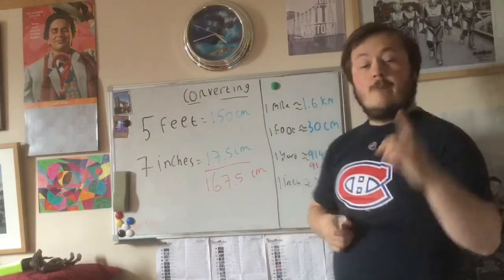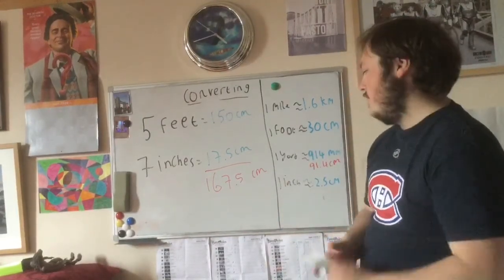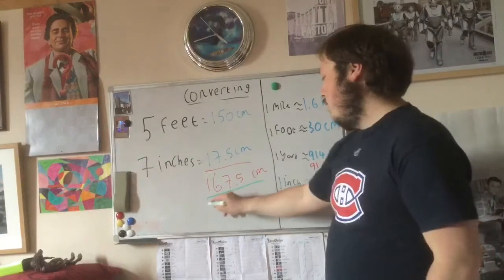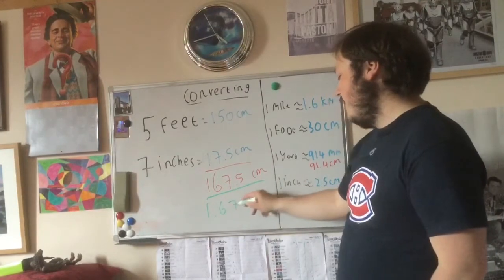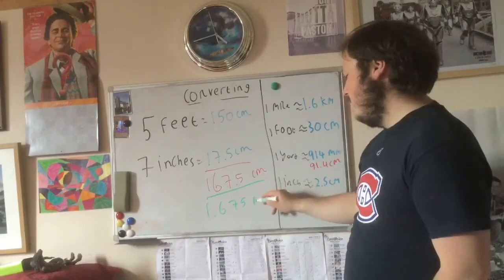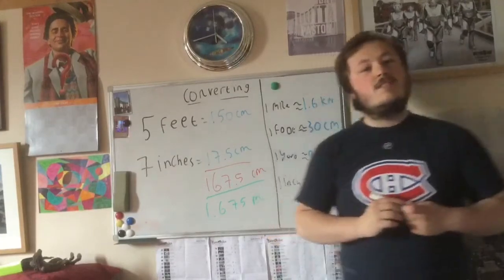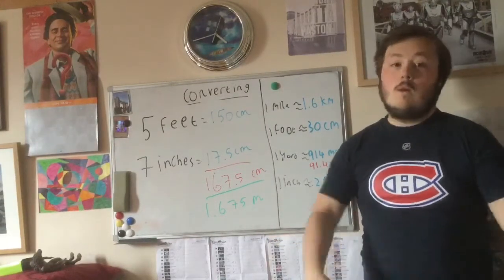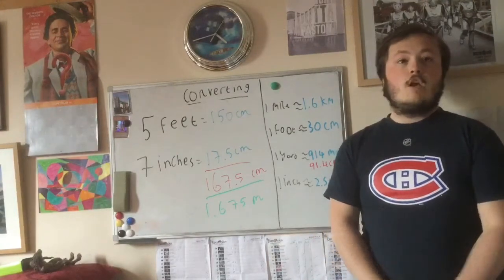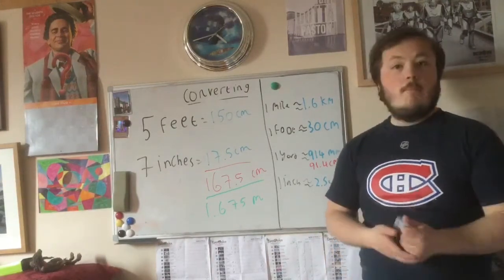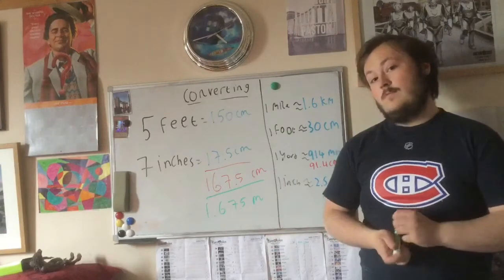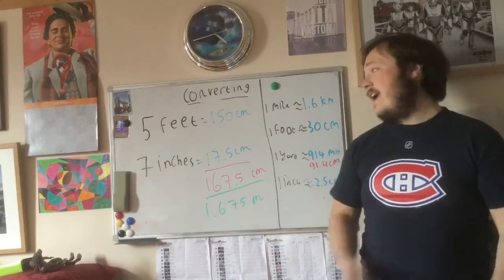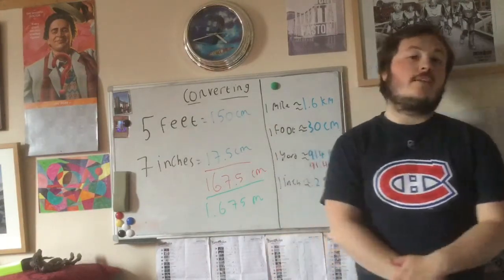Well, we divide that by 100, and that will then get us 1.675 metres. So if I was to say to one decimal place, I am actually 1.7 metres tall. To two decimal places, I'm 1.68 metres tall. But overall, it's easier to say I'm 5'7".